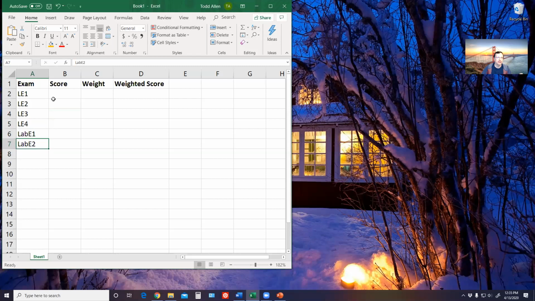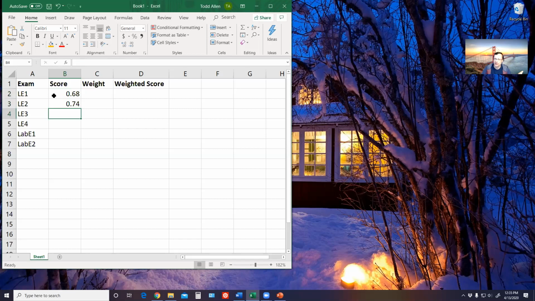For lecture exam 1, you would write down the score that you earned. You would write it down not as a percentage, but as a decimal. For example, let's say that on the first lecture exam, you scored a 68%. I don't know what you scored, but you put in your own work. Let's say on lecture exam 2, you scored a 74%.